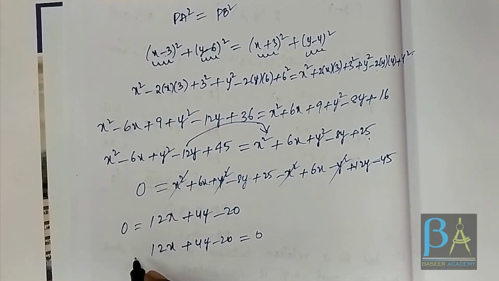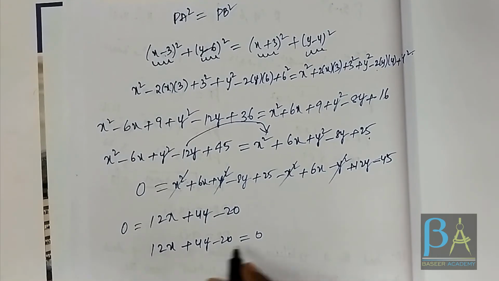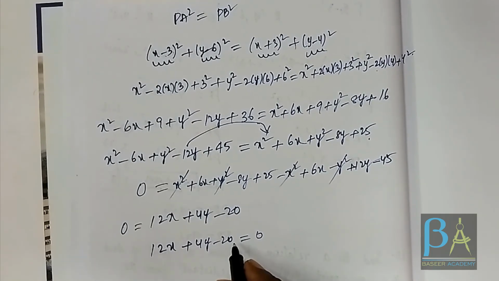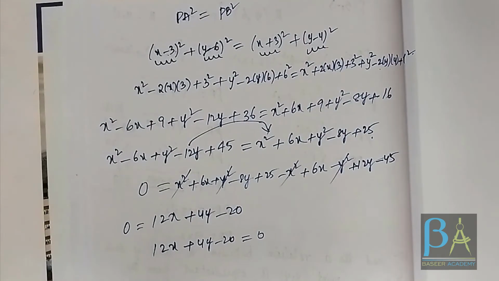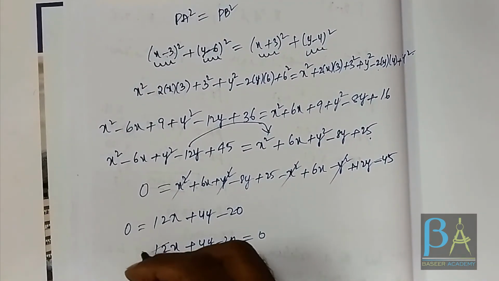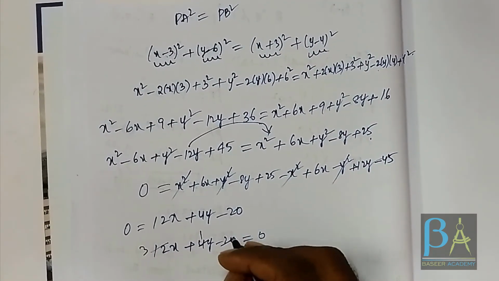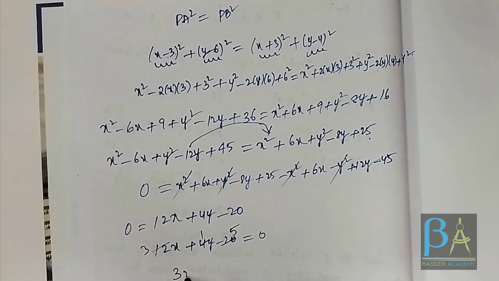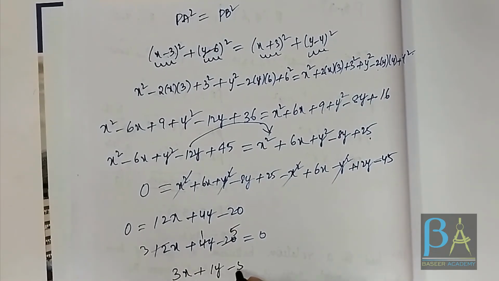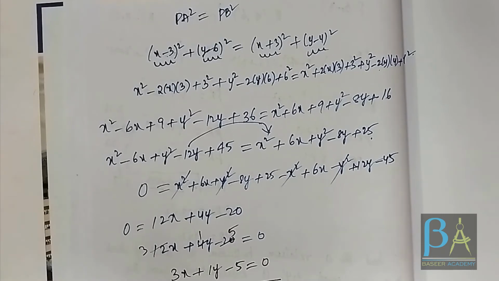Now you see that you can throughout cancel this by the 4 table, because 12, 4 and 20, they all go by the 4 table. So let us cancel them by 4. 4 into 3 is 12, 4 into 1 is 4, 4 into 5 is 20. So we end up getting 3x plus 1y minus 5 is equal to 0 as the relation here.